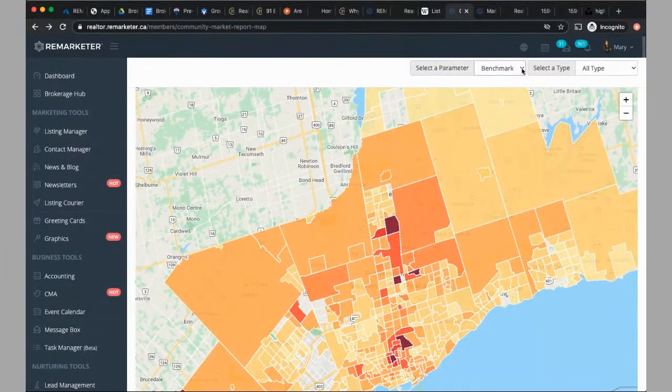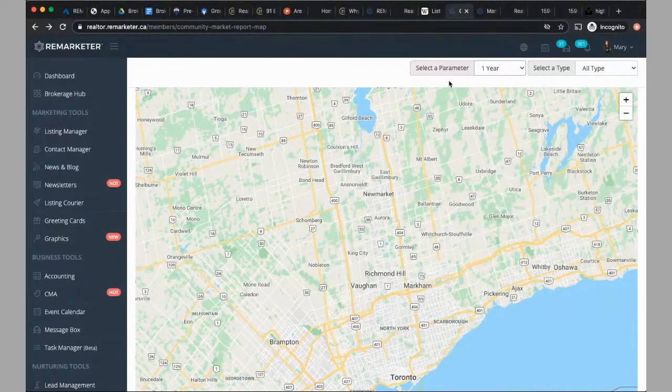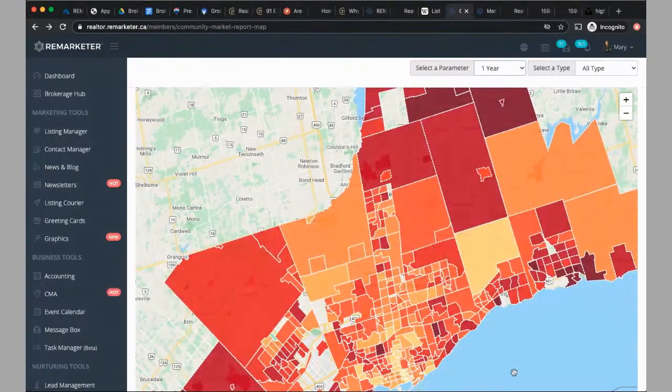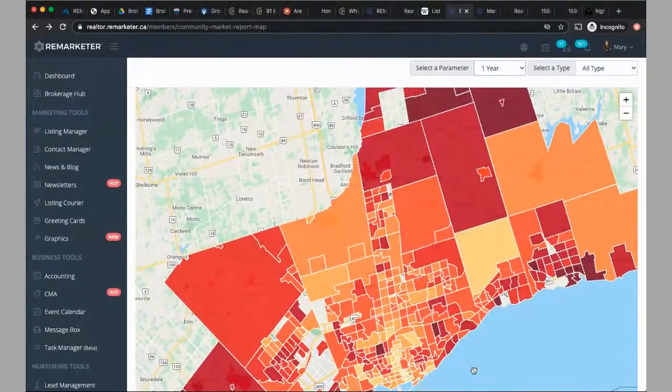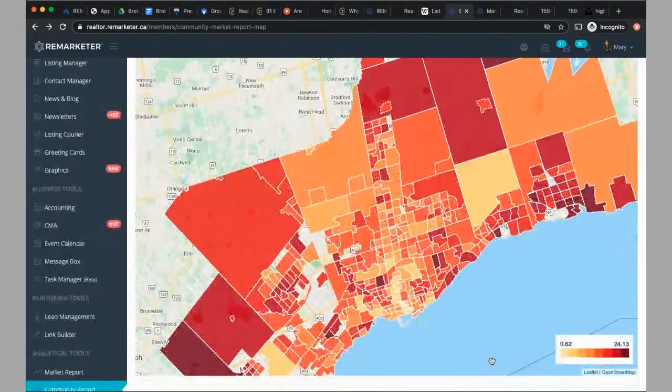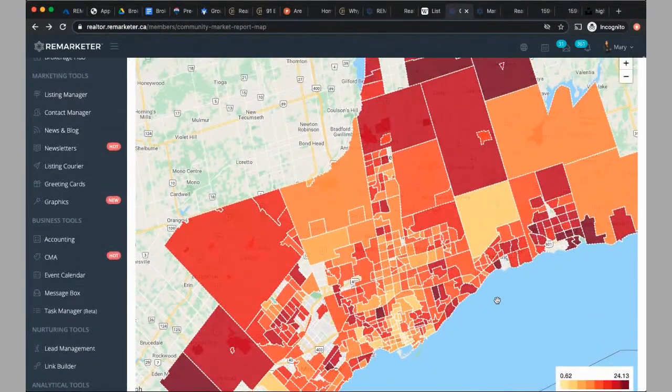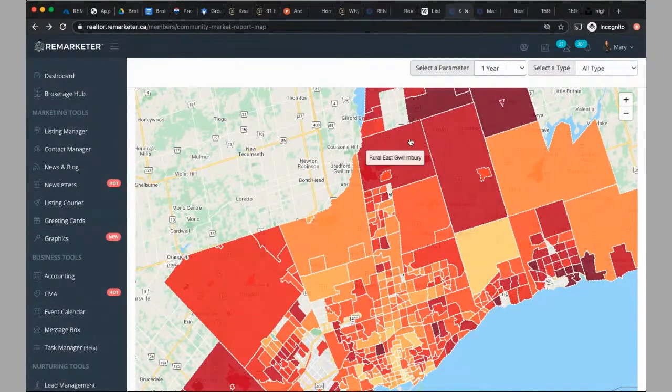Now if I change that to 1 year growth, this is the heat map for 1 year growth of all property types in the GTA. So you can see where the heat is. Well, it's pretty much all over the place. Forget about these rural areas because the growth areas in the rural areas could be misleading. Why?